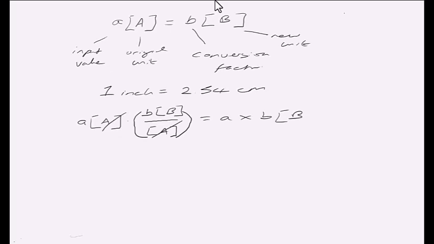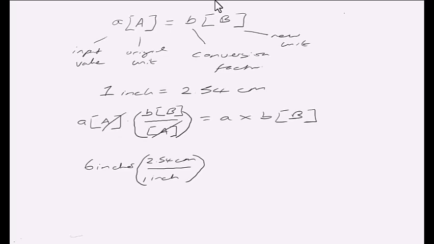So using our inch to centimeters example, let's say we had 6 inches, and we want to convert that to centimeters. So we write 1 inch at the bottom because we know we need the inches to cancel, and equals 2.54 centimeters.